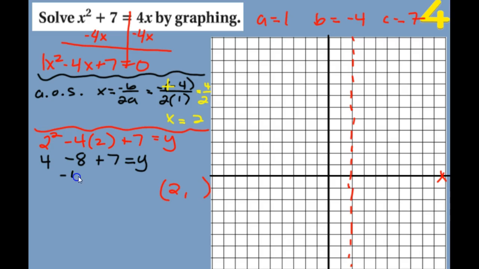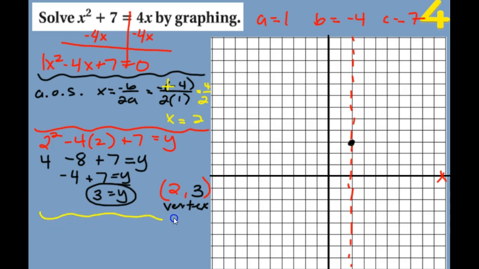So 4 minus 8 is negative 4. Negative 4 plus 7 should give us a positive 3. So right there is our vertex, 2, 3. So 2 over, up 1, 2, 3.